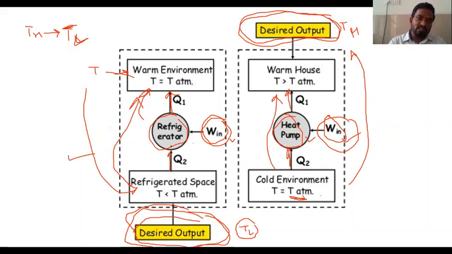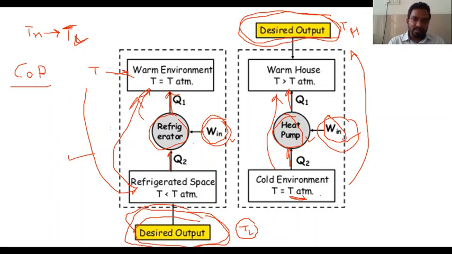And in case of this refrigerator and heat pump, the performance index will be called the coefficient of performance. In case of heat engine, that was efficiency, but in case of refrigerator or heat pump, that performance index will be called the coefficient of performance.